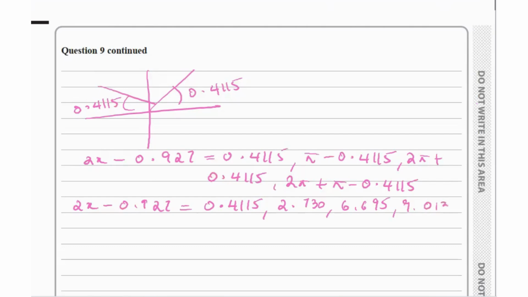Then we add 0.927 to all of them, and after that we divide them by 2 to get the value of X. So X is going to be 0.66925 for the first one. Once we add it with 0.927 divided by 2, then we're going to have 1.8285, then 3.811, and then 4.97.